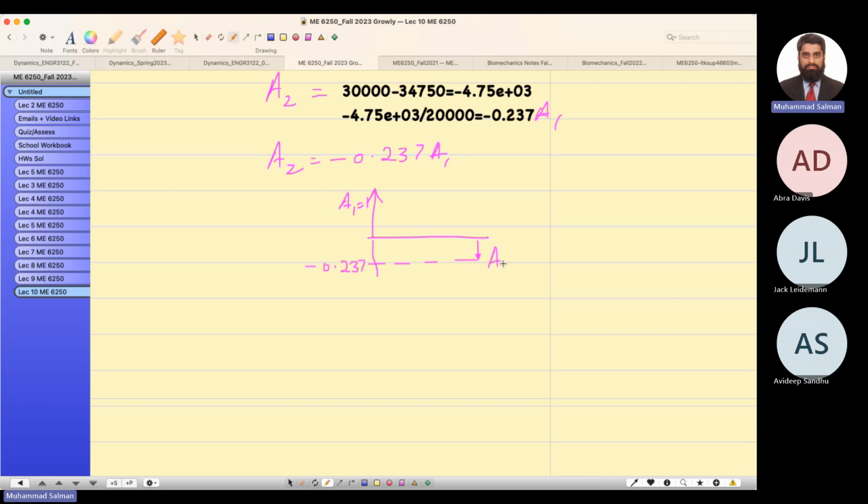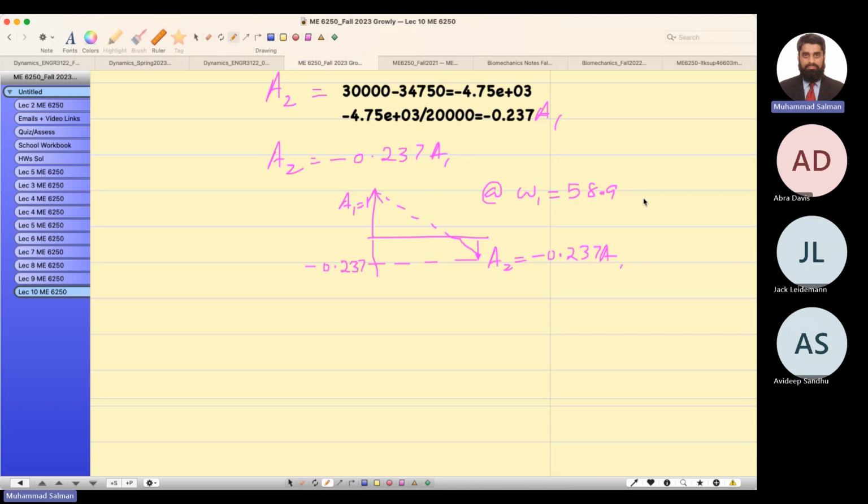This is my A2, which is equal to negative 0.237. In this shape, you can draw a line to show the node. This is at the higher mode, which is 58.9. This is the higher frequency, 58.9. Each resonance frequency will show you a certain shape, what the motion of the two masses looks like.